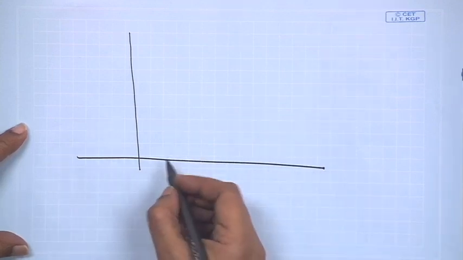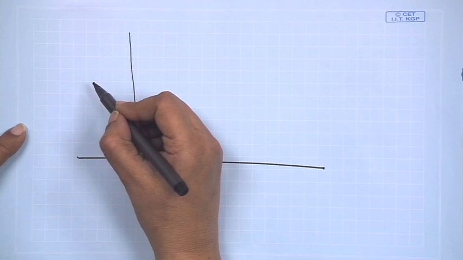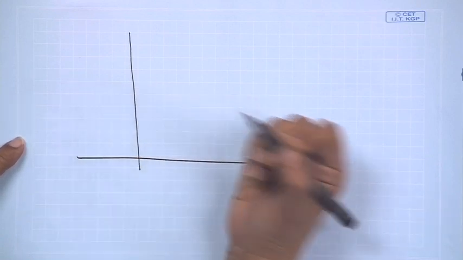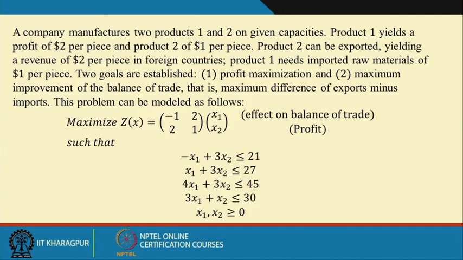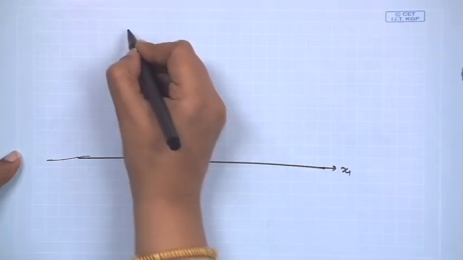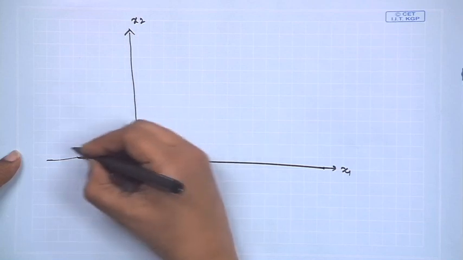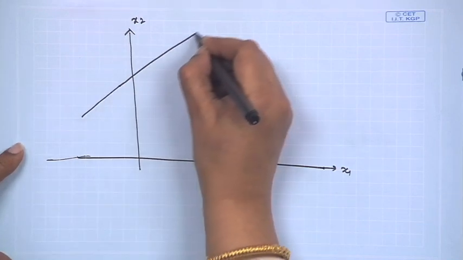Then we could see that the first one is minus x 1 plus 3 x 2 less than or equal to 21. If this is x 1, this is x 2, one line could be this way.